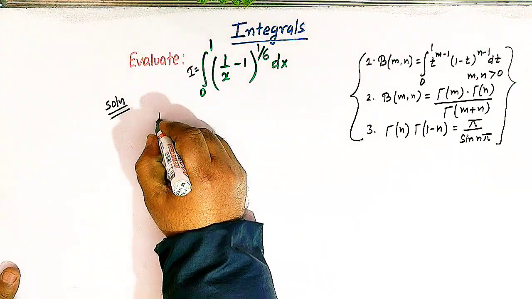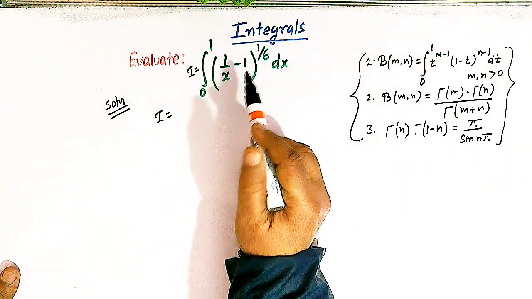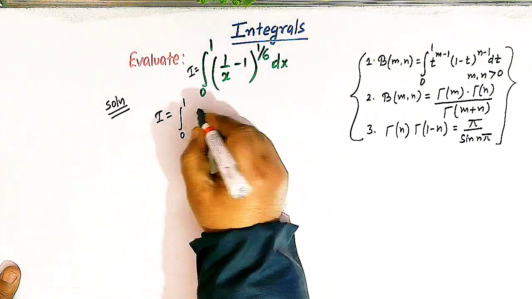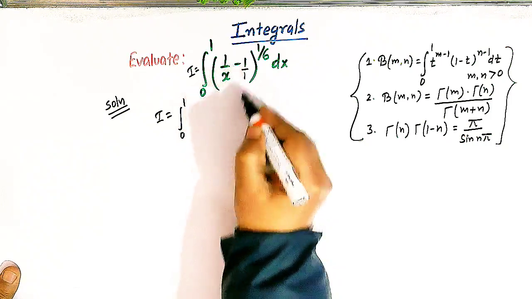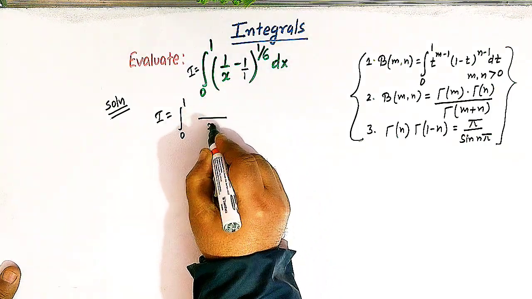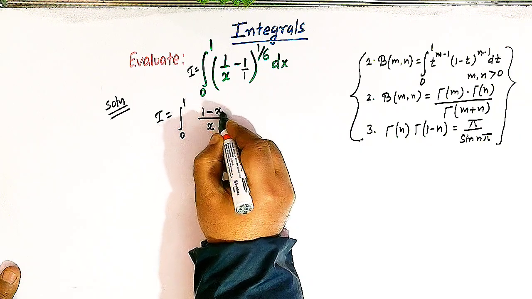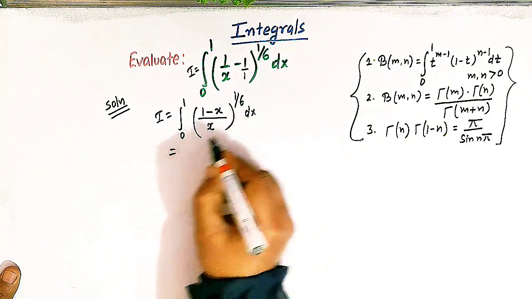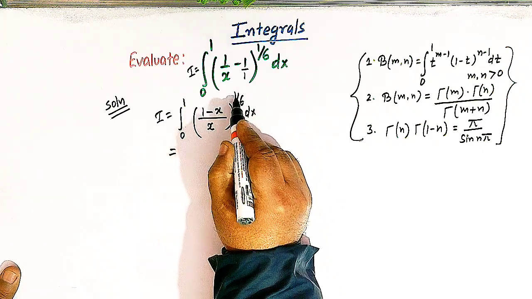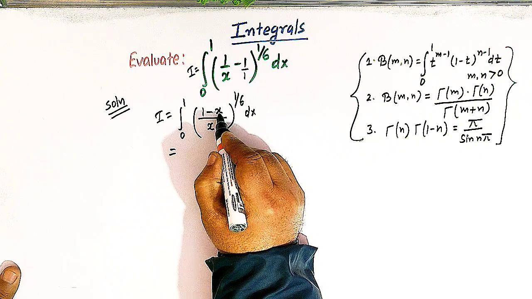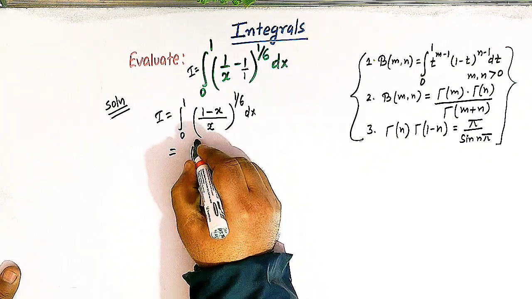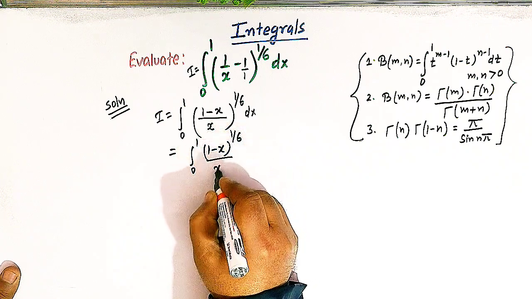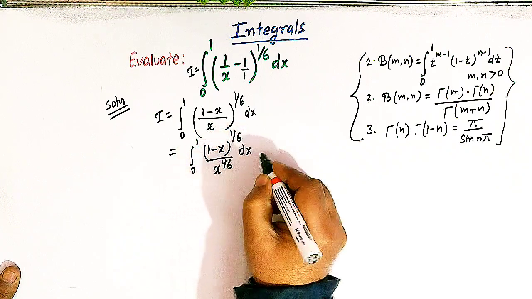Let us first rearrange the terms of this integrand. We can write it as the integral from 0 to 1, and we can take the LCM: 1 over 1 minus x over x, all raised to 1 over 6. Now distributing the power 1 over 6 to 1 minus x and x, we have 1 minus x raised to 1 by 6, and x raised to 1 by 6 in the denominator.